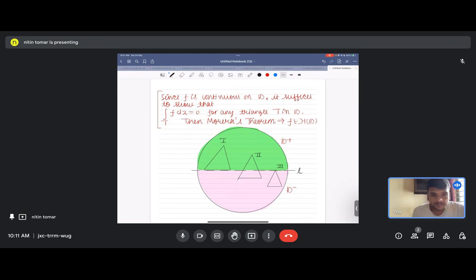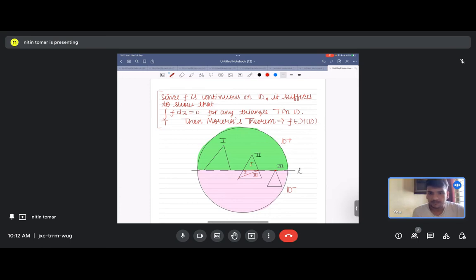Type 2 and type 3 can be dealt with as follows. You just divide type 2 into further subtriangles. So this triangle is of type 1, again this triangle is of type 1, and the triangle here is a type 3 triangle. So it suffices to consider only triangles of type 1 and type 3. Now the type 3 triangle intersects the line at only one point, so it won't change the integration.